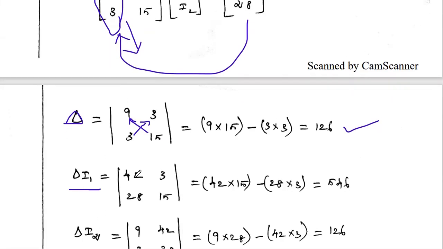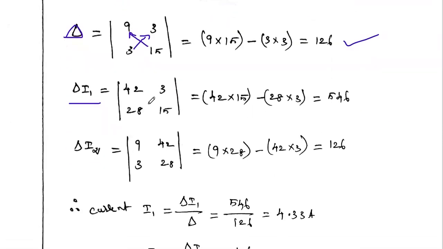So del I1 is the determinant of 42, 28, 3, 15. So 42 into 15 minus 28 into 3. If you calculate, we get the answer as 546.